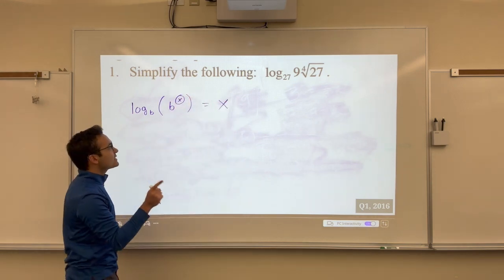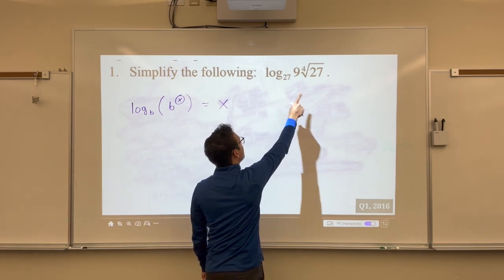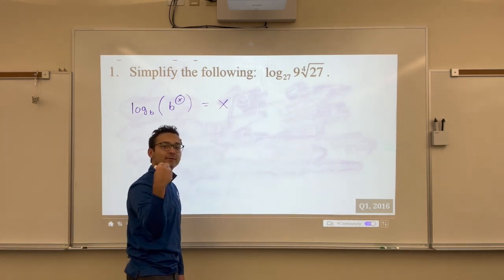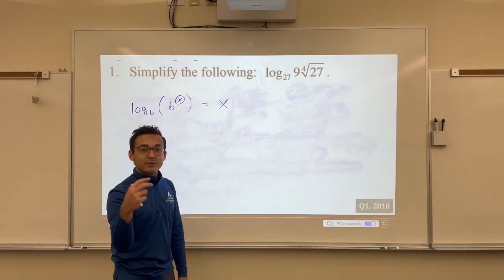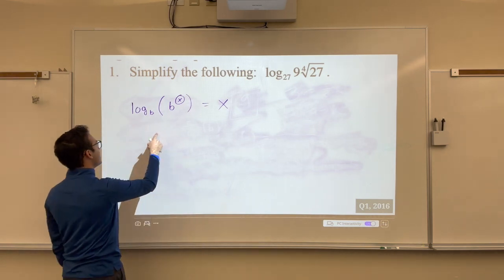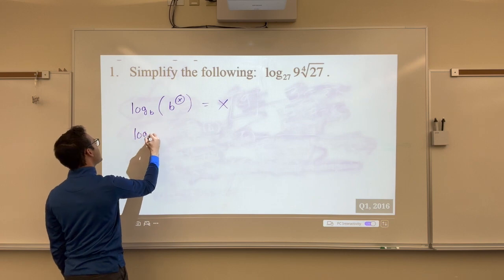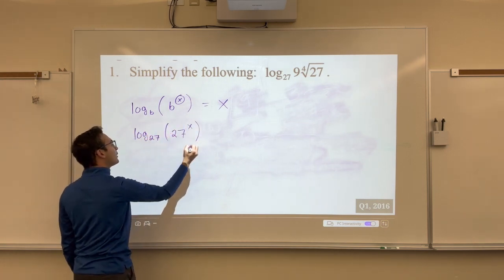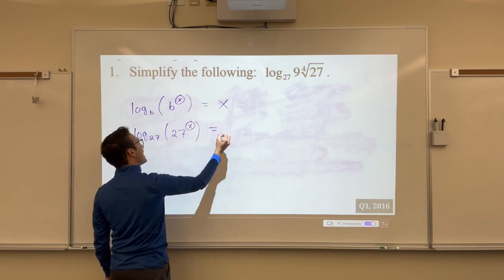That means that in this problem, we want to rewrite the input of this log as a power of 27. And once we do that, it will be very easy, because we'll say the log base 27 of 27 raised to whatever power will be equal to that power.